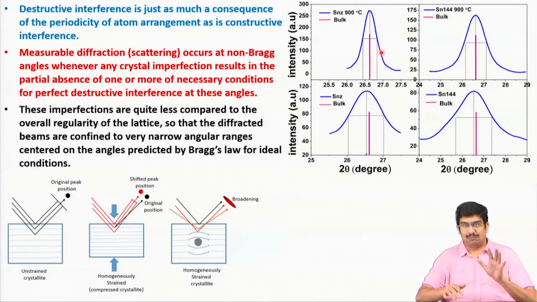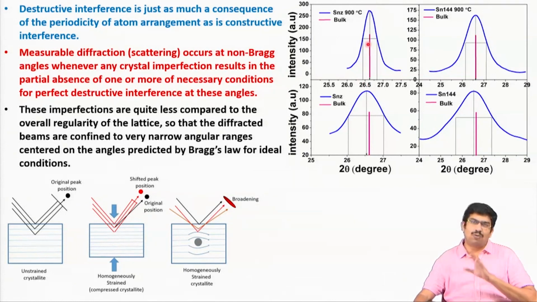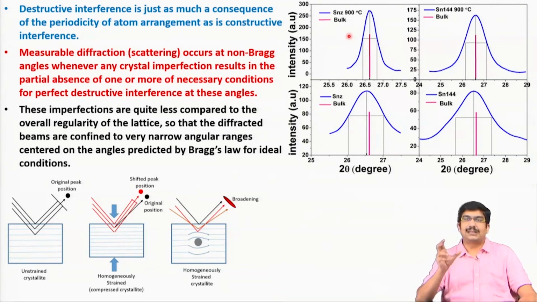That is why the intensity maximum more or less lies at the exact Bragg angle, and what you get afterwards is diffraction at non-Bragg angle conditions, certain intensity due to partial interference, and you get a broadening.